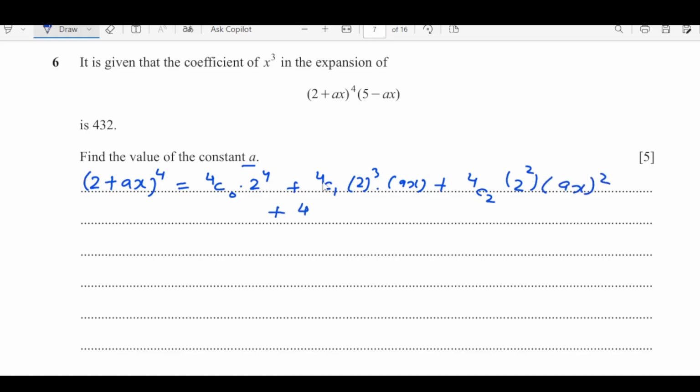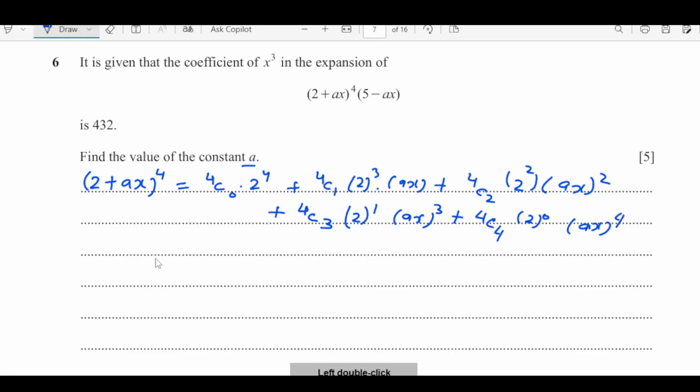Then plus 4C3, 2 power 1 into (ax) cubed, and finally we have 4C4, 2 power 0 and (ax) power 4.